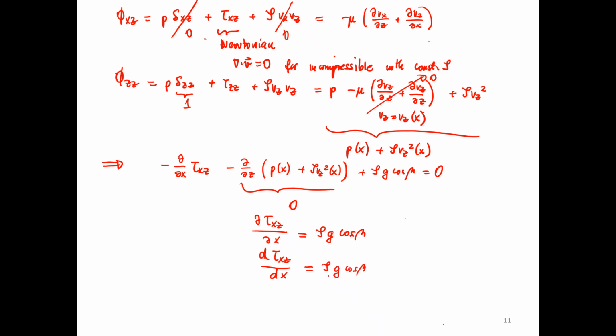So this rho is constant, g is constant, beta is constant. This is a constant. The way differential equations go, this should be really simple to solve. What is it?